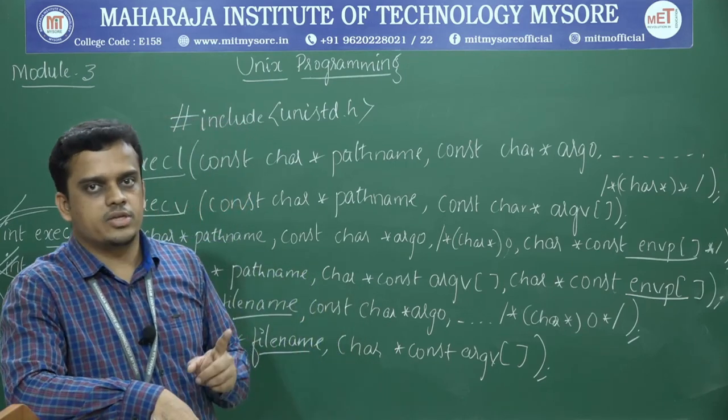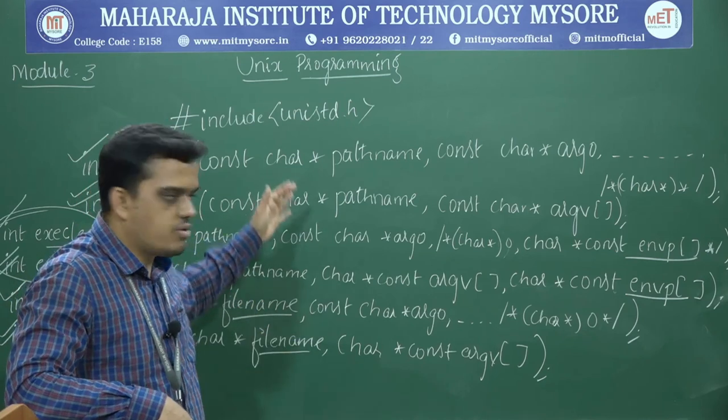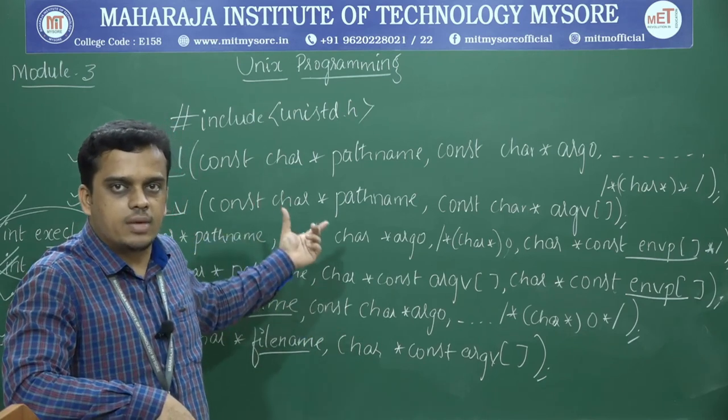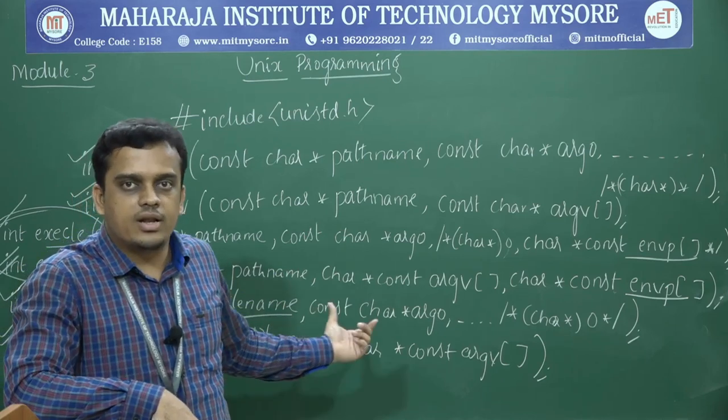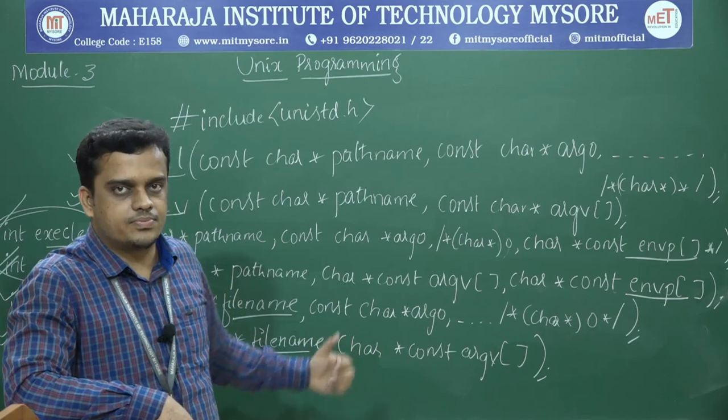That is, the first major difference is that the first 4 exec forms take file path name as an argument, and the last 2 exec forms take file name as the very first argument.